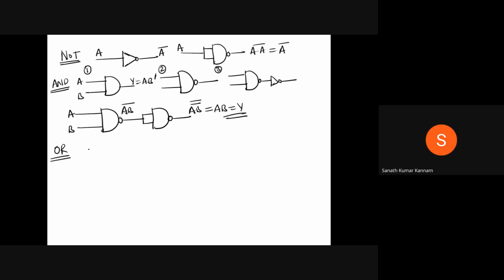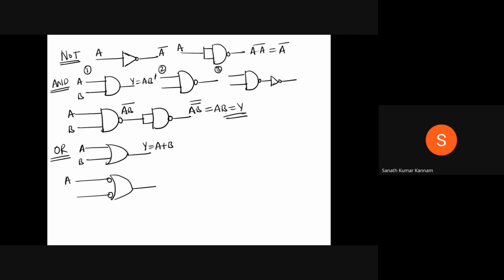Next you see, the OR gate. With inputs A, B, Y equals A plus B. Wherever the OR gate is there, you need to add the bubble at the input.